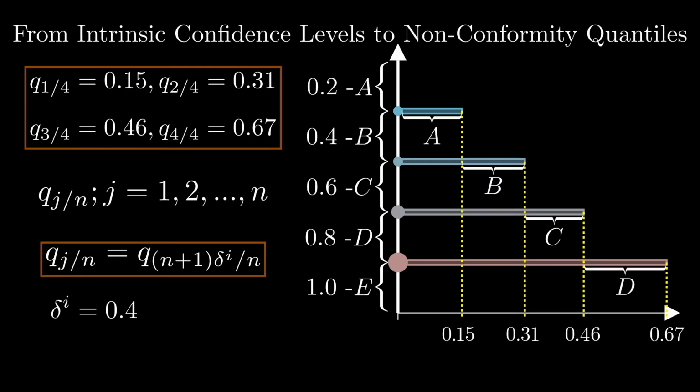This will give you Q sub 2/4, which is equal to 0.31.